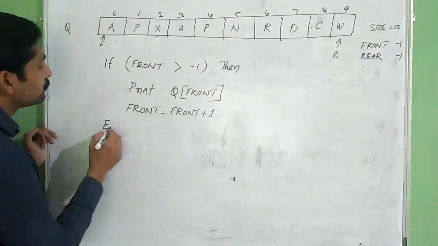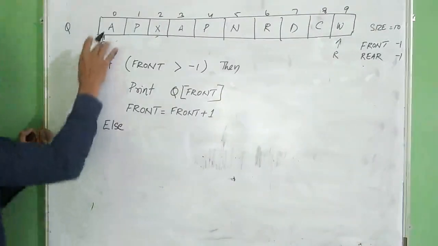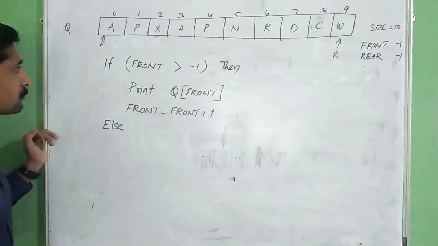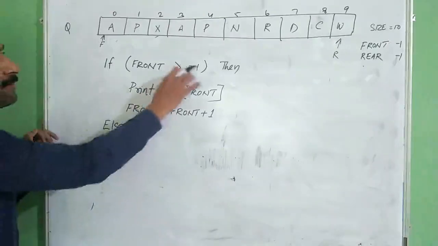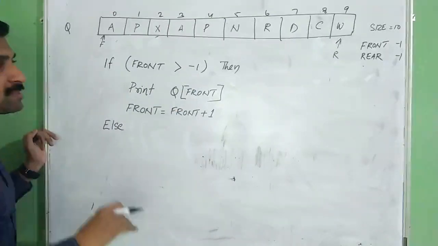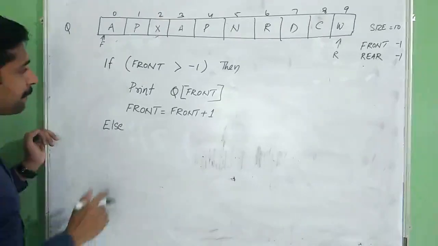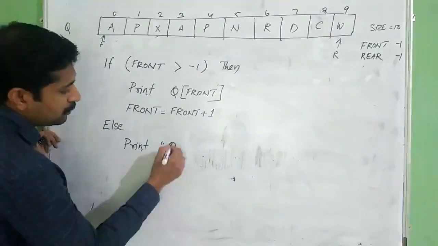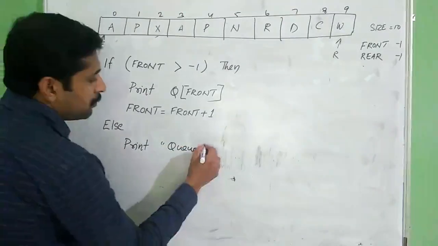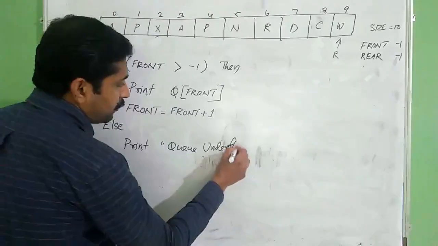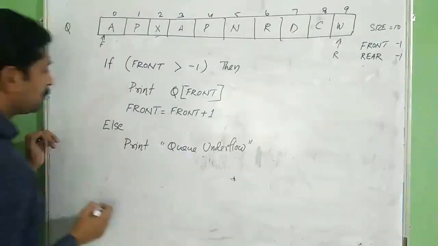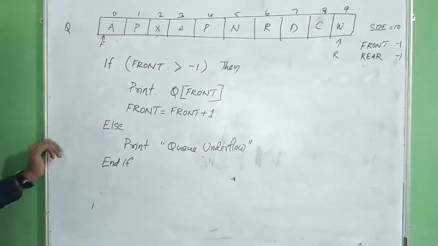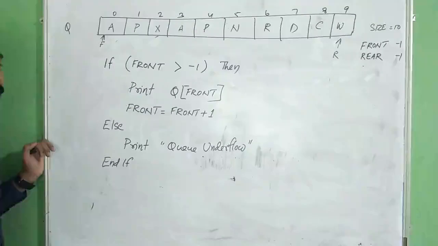Else, if the front is not greater than -1, it means there is no item in the queue. So we can print, give the message, print Q underflow. And now we have to perform one more checking.